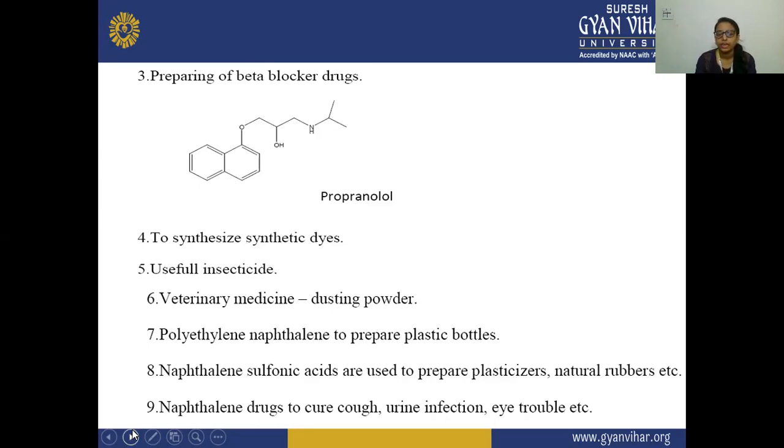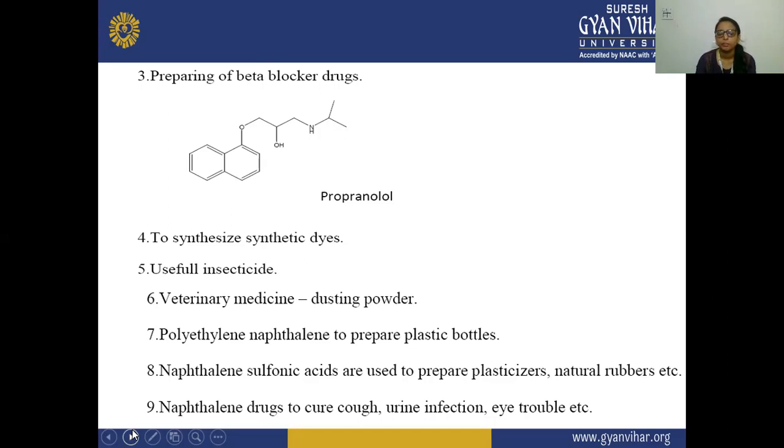Naphthalene sulfonic acid is prepared by sulfonation of naphthalene, and it is used as a plasticizer, as well as to prepare natural rubbers.